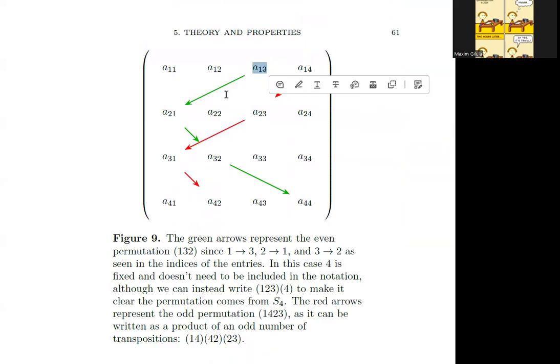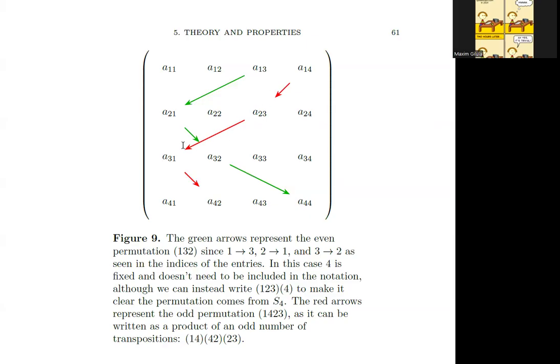So 1 goes to 3, 2 goes to 1, 3 goes to 2, and 4 goes to 4. This is a typo. This should be 3, 2. And the red arrows represent 1, 4, 2, 3, because 1 goes to 4, 4 goes to 2, 2 goes to 3, and 3 goes to 1.